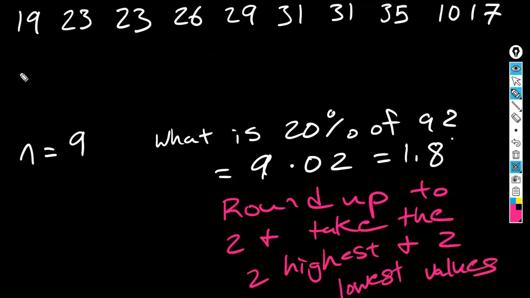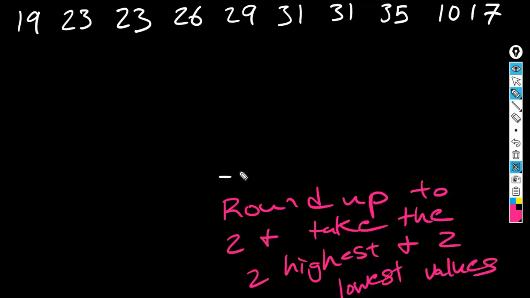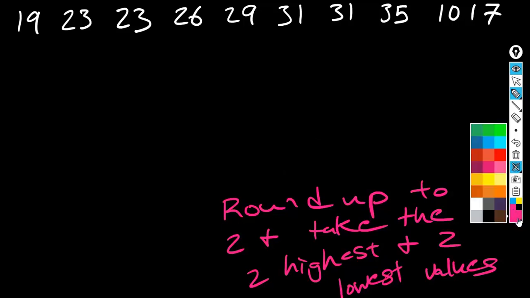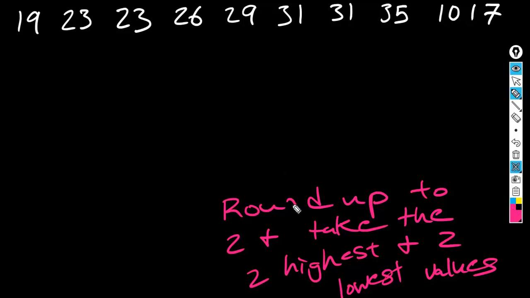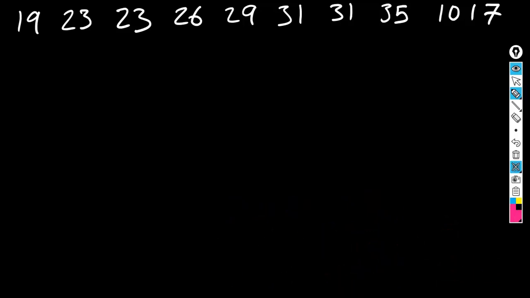Ultimately we will be taking off 4 values in total. We're going to be taking off 4 of these because we're going to take 2 off of both sides, because we got that 1.8, so we rounded up. So we need to trim the 2 highest, 2 lowest. This is why we need to have this in order, so we know which ones are the highest and which ones are the lowest. But we're just going to trim those off.